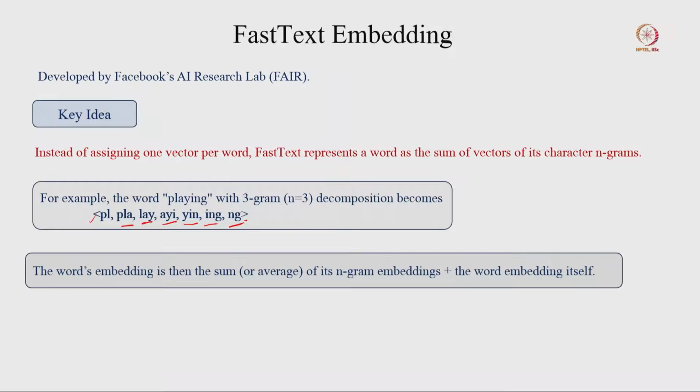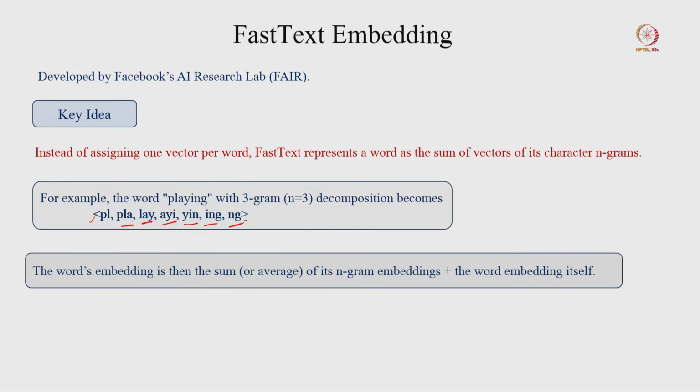The word's embedding is then the sum or average of its n-gram embeddings plus the word embedding itself. So it takes all this into consideration and then gives the word embedding. There is not only one embedding coming from one particular word; multiple embeddings are coming from the character n-grams, and together with that it takes the total word embedding itself, sums and averages, and gives us the embedding for the word playing.